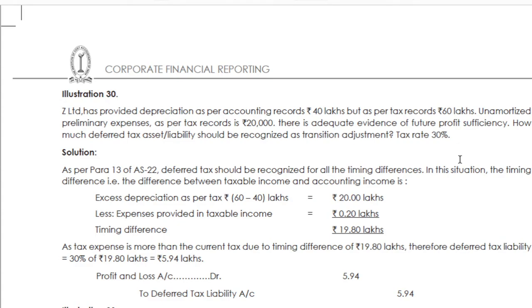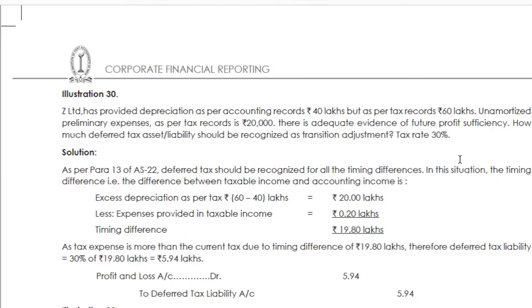Okay? There is adequate evidence of future profit sufficiency. How much deferred tax asset or liability should be created as transition adjustment? Tax rate 30%. So what is the question? 40 lakhs depreciation as per books, 60 lakhs depreciation as per income tax record.